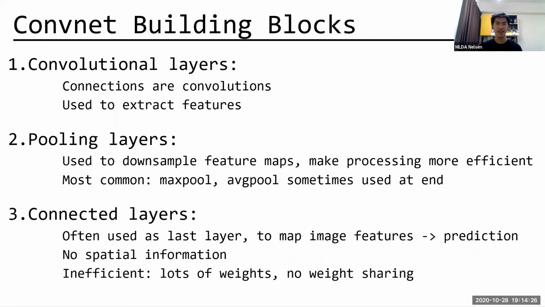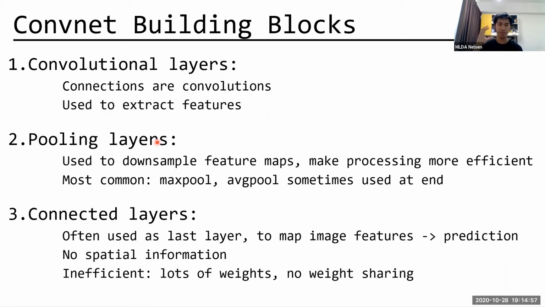And then for convolutional neural network, these are some of the building blocks that I discussed in the previous workshop. There are three main layers, which are convolution layers, pooling layers, and fully connected layers. Convolutional layers is where we do convolution. Pooling layers is when we want to downsample the feature maps of the layer.